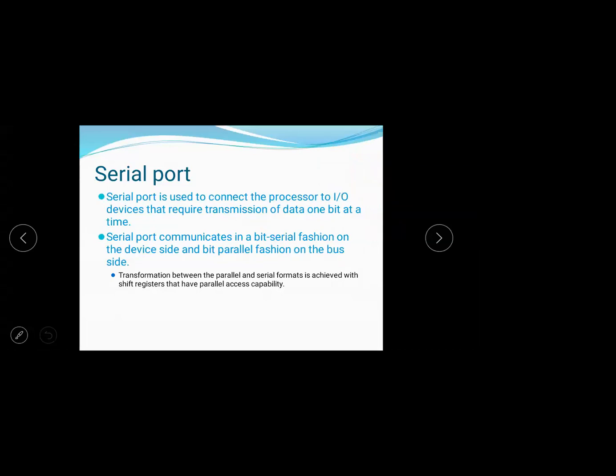Serial port is used to connect the processor to I/O devices that require transmission of data one bit at a time. Serial port communicates in a bit serial fashion on the device side and bit parallel fashion on the bus side. Okay. Here the processor, this is the interface circuit and this is the device.